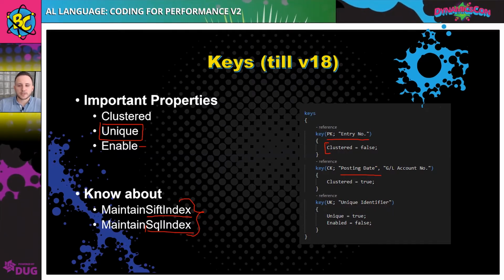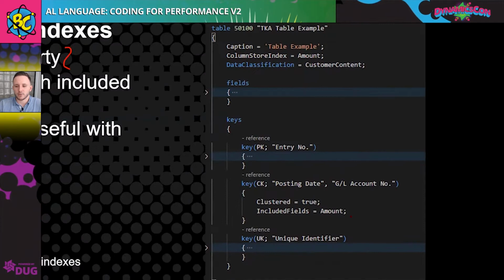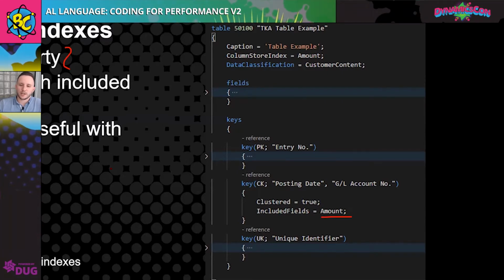With included fields, we can create a new key that will have posting date and then GL account number as key fields, and then included fields like amount. It allows us to create better performing queries and processes than before. We will look at it in detail.